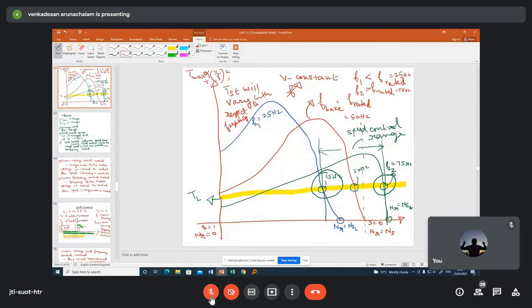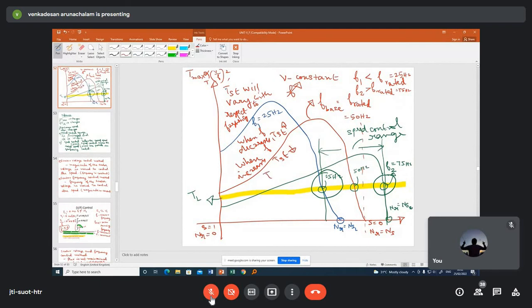Okay. When frequency decreases, TST increases. Maybe here it is inversely proportional. When F increases, TST decreases.